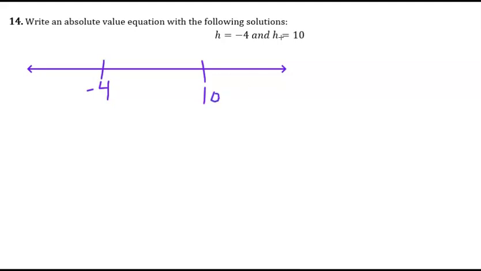We want to have the form absolute value of x minus b is equal to t. B is going to be the midpoint between the two endpoints. And t is the amount it takes between b and one of the endpoints.